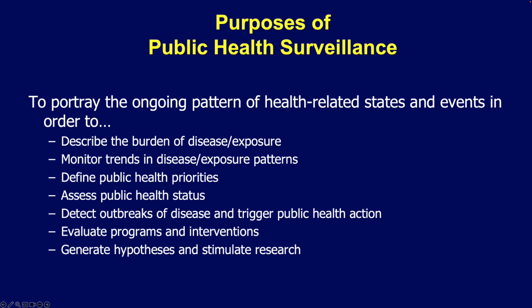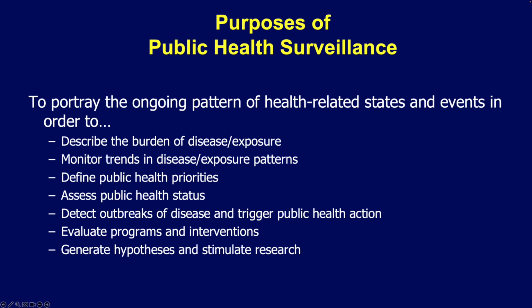To portray the ongoing pattern of health-related states and events in order to describe and understand the burden of diseases or exposures, such as lead poisoning, for example, to monitor trends in disease or exposure patterns, to define public health priorities. There are so many things that public health departments could be focused on any given day, too many, in fact, to allow focus on all of them.